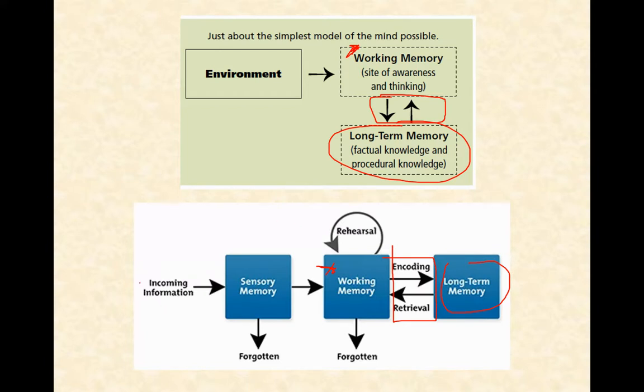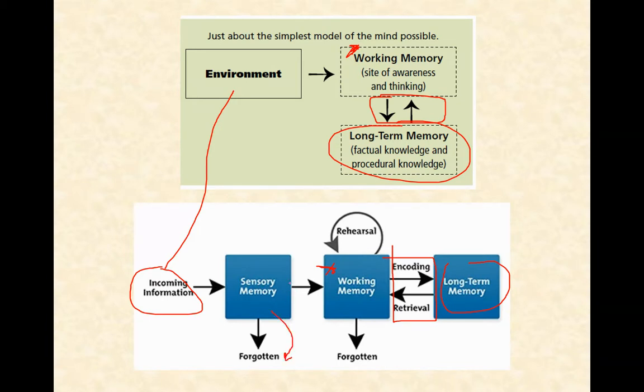What this expanded model at the bottom adds is that this incoming information, which is referred to up here as the environment, first passes through our sensory register. This is whichever of the five senses the information is coming in through. That might be auditory, visual, or touch or sensation. It comes in really fast, and you may not pay attention to it, and it gets forgotten.